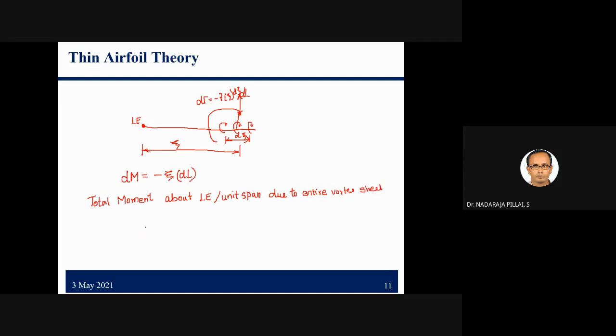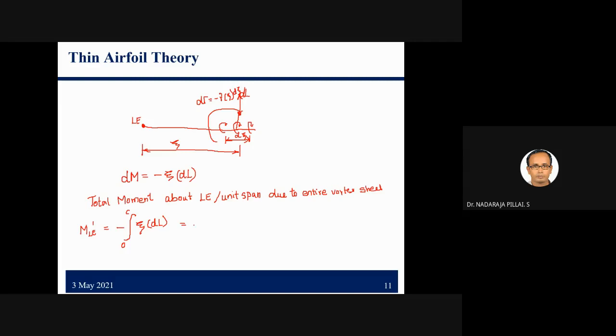So we can write the moment about the leading edge per unit span due to the entire vortex sheet as minus integral 0 to c zeta into dL. We already know the expression for zeta dL and all. So let us write L is equal to rho V gamma.